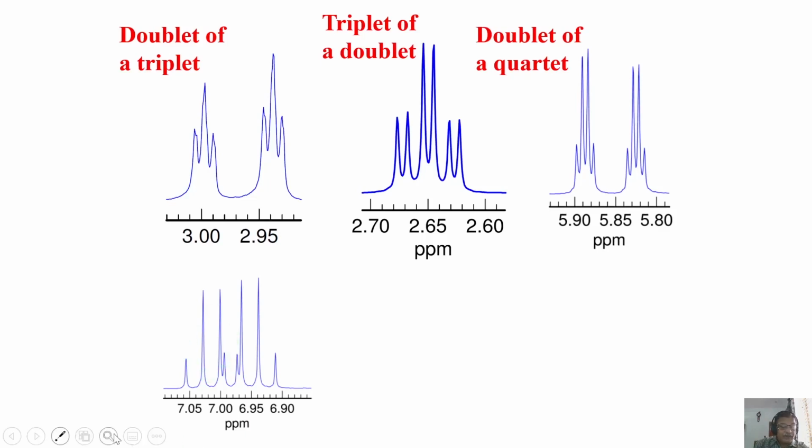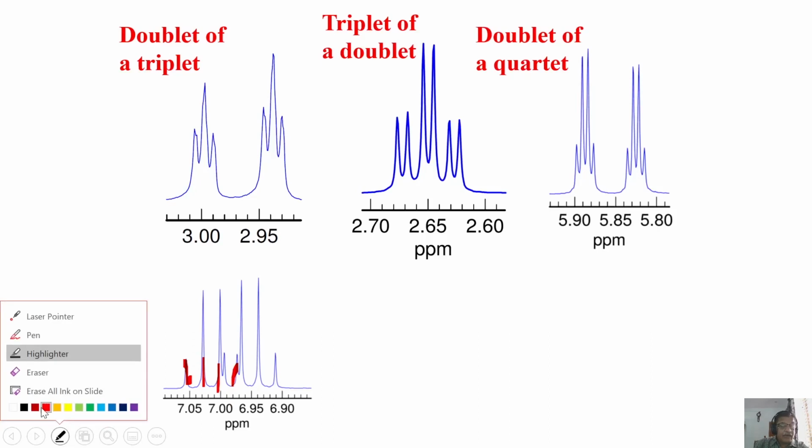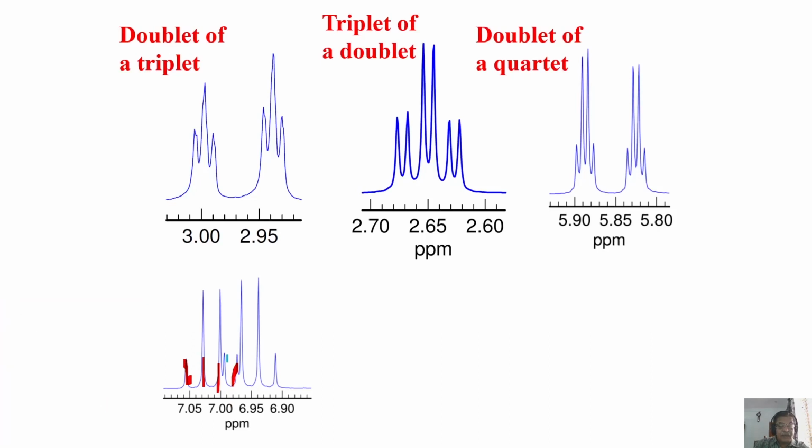If you look at this one, I'll put a highlighter here. See this one, this one, this one, and this one. It forms one quartet. Now I'll take a different color. For example, this one, this one, this one, and this one. These four lines, 1, 3, 3, 1, are another quartet.